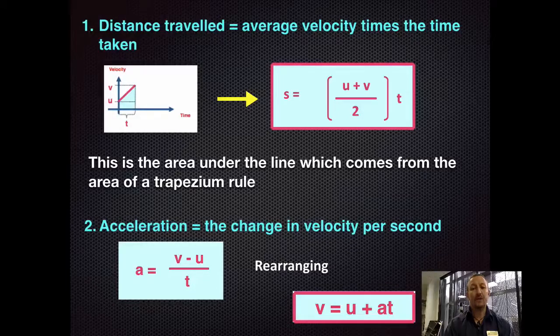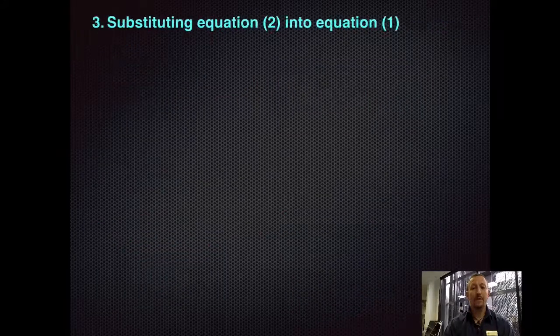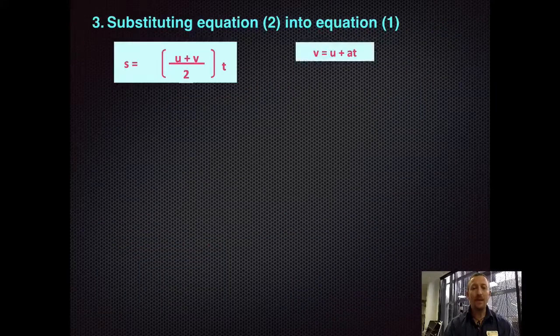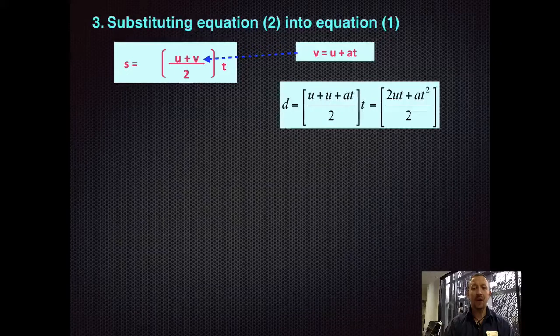Alright, so for equation 3, we can combine these two equations. We can substitute equation 2 into equation 1 by substituting in for v. So v going in from equation 2 into equation 1 gives us s equals (u plus u plus at) divided by 2, times t.